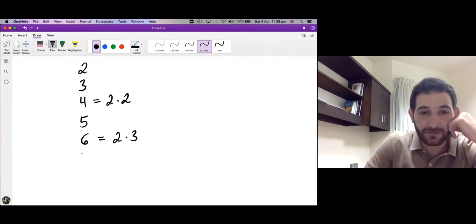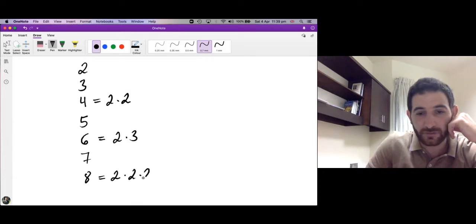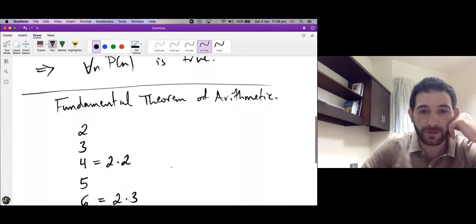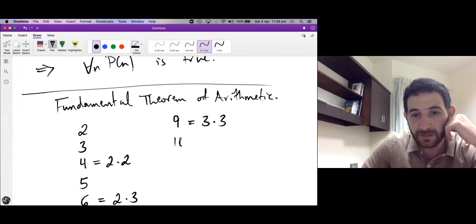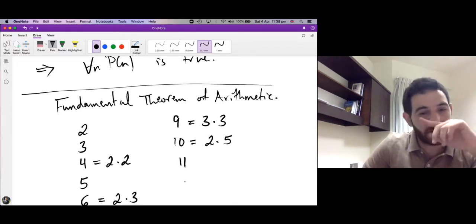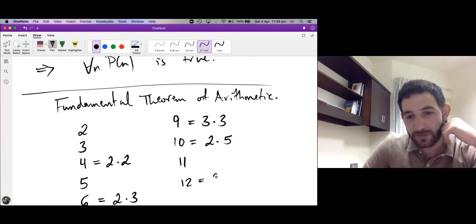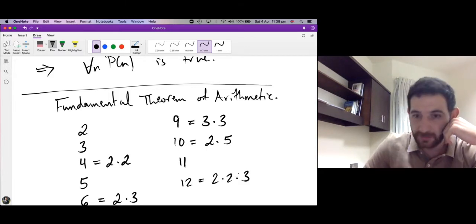And 7 is a prime, 8 is the product of 3 primes, 2 times 2 times 2. 9 is not a prime, it's the product of 2 primes, 3 times 3. 10 is the product of 2 times 5. 11 is a prime, 12 is the product of 2 times 2 times 3, right?